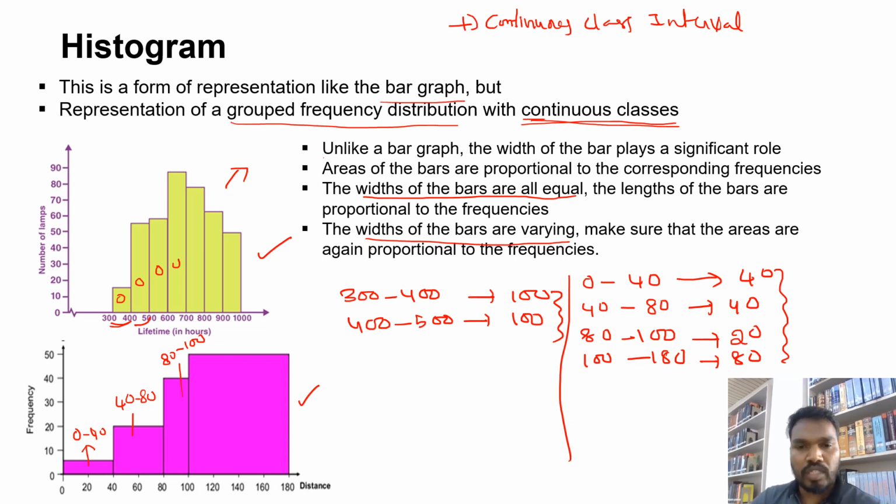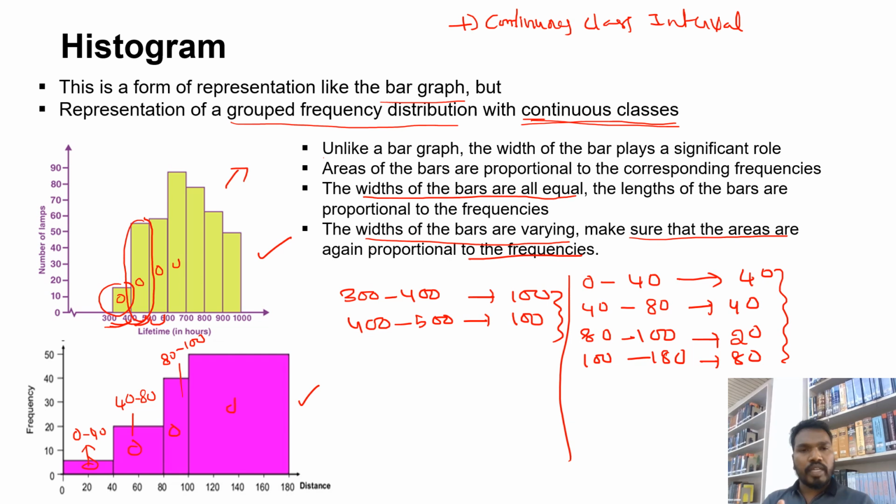Obviously if widths are the same, then the length is directly proportional to the frequency. If widths are different, we should make sure that the area of each bar is proportional to the frequency.